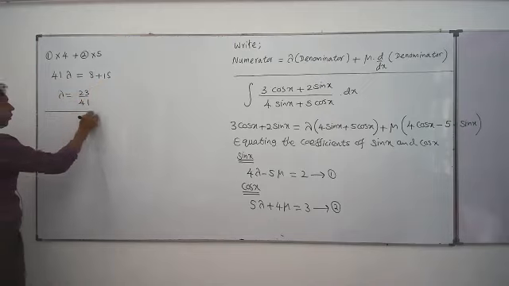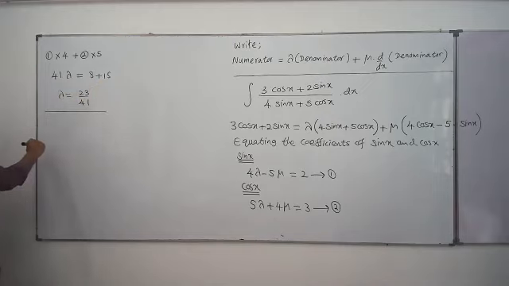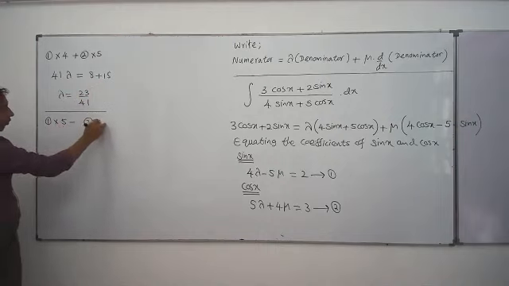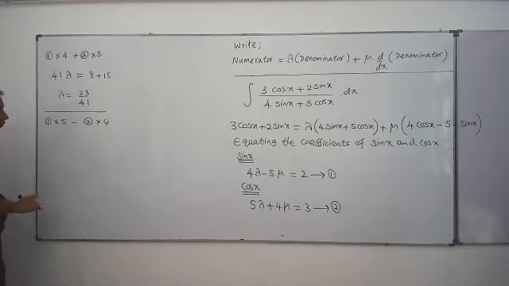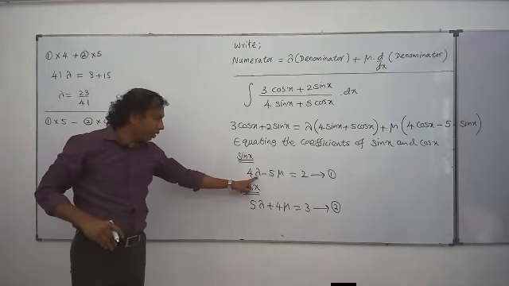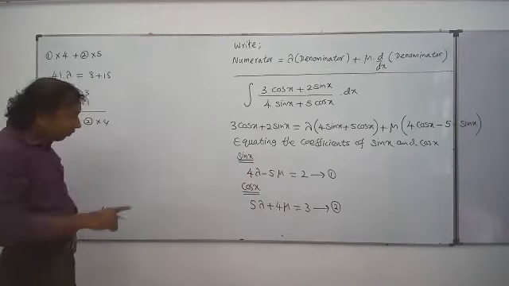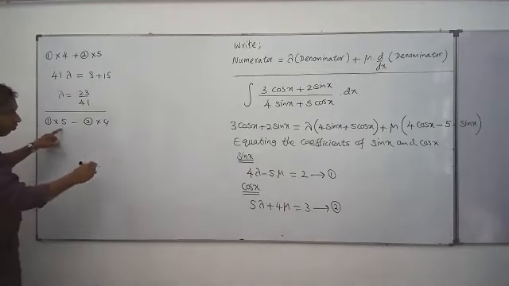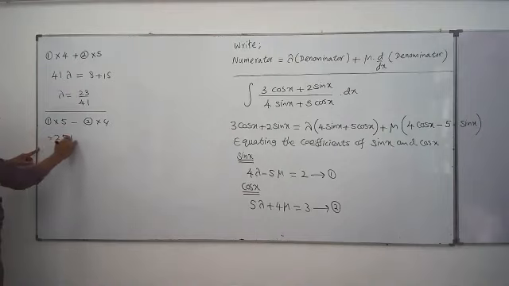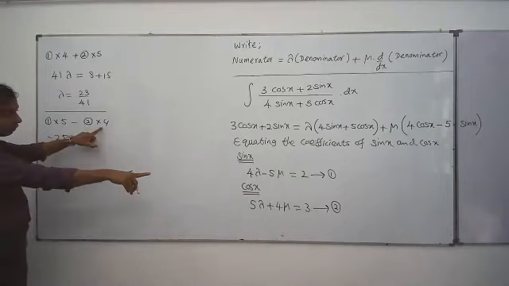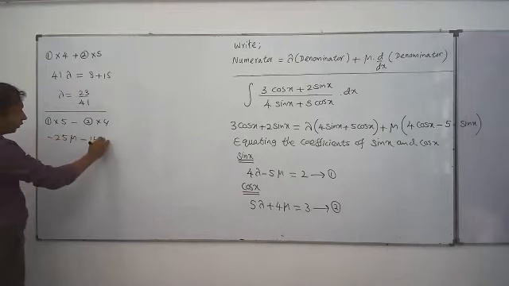And second, to find this mu, what we do, people, is multiply the first one by 5, the second one by 4, and we subtract. When you multiply the first one by 5, we get 20 lambda, and the second by 4, 20 lambda. When you subtract, they cancel off. Then minus 25 mu minus 16 mu.